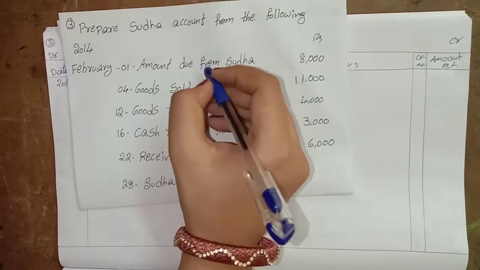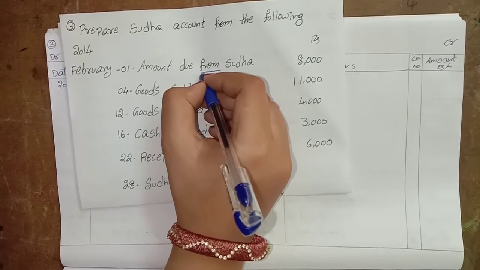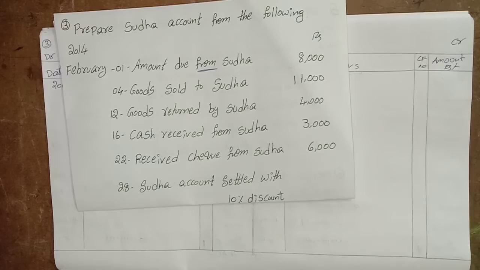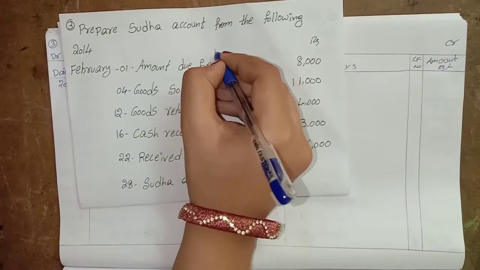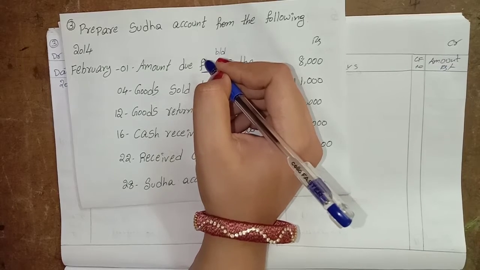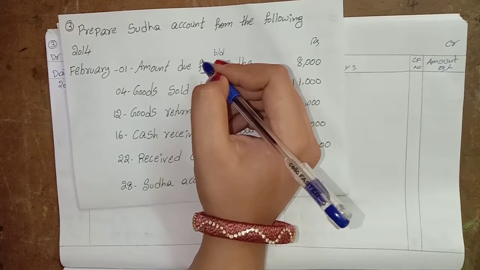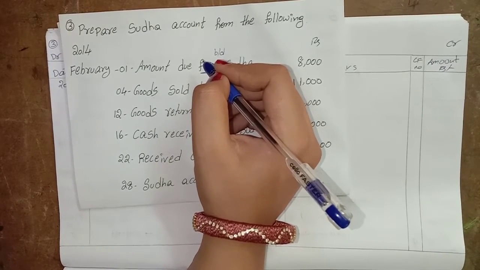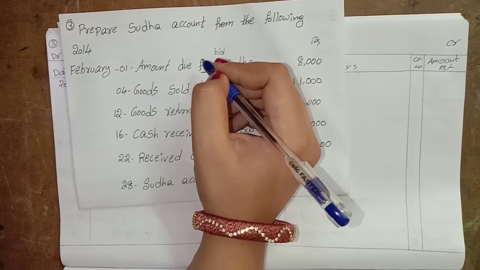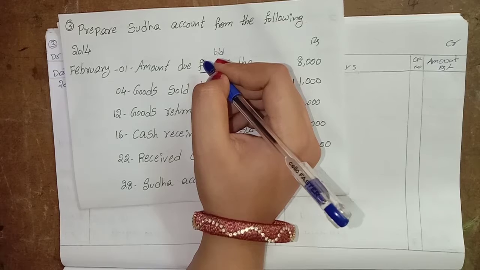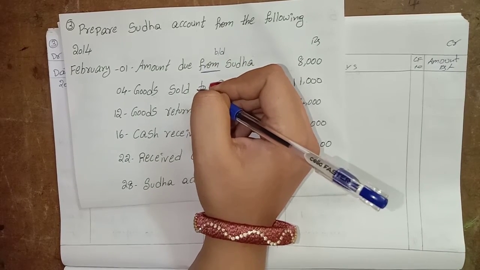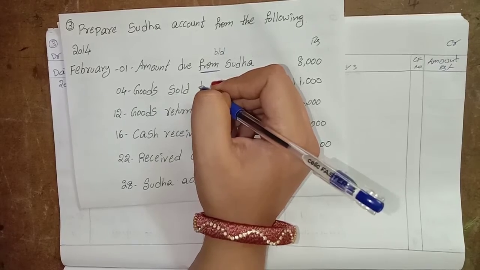See here, due from. From means it is balance brought down. At last class we discussed about balance. We have to tally both sides, debit and credit, and we have to carry down the amount and bring down that amount for the next month first.